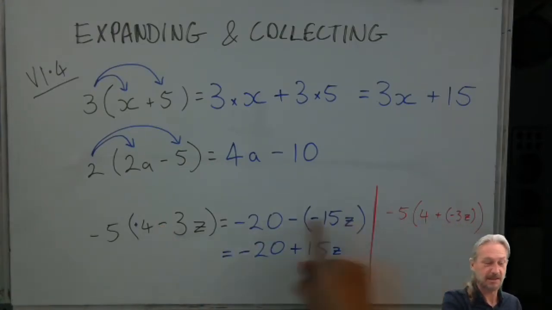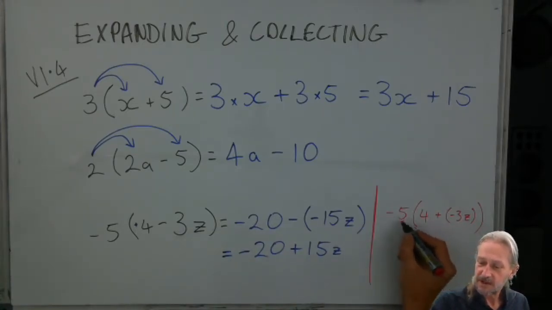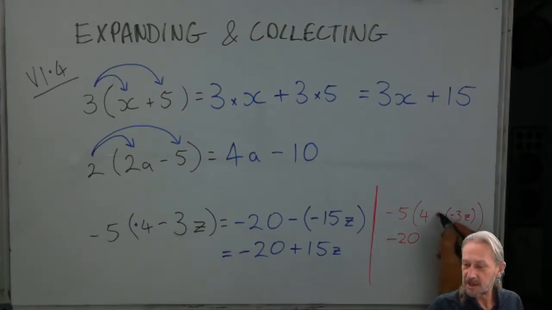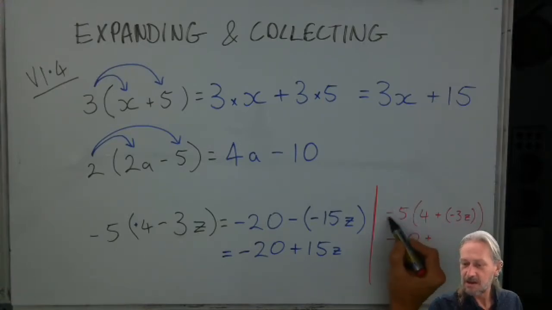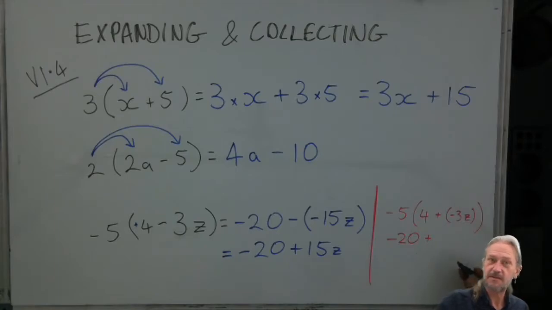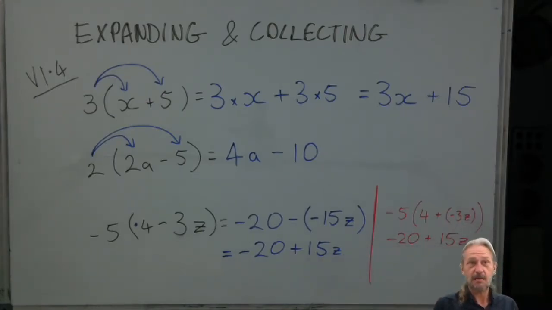So this and this are the same, but when I multiply it out, I still get the negative 20 at the front. Negative 5, well, I'm just going to carry that plus down. Negative 5 times negative 3, and negative times a negative gives us positive 15. So we end up with the same thing. Just depends on which way around you look at it.